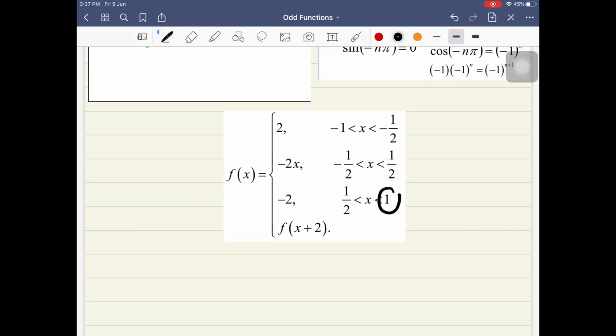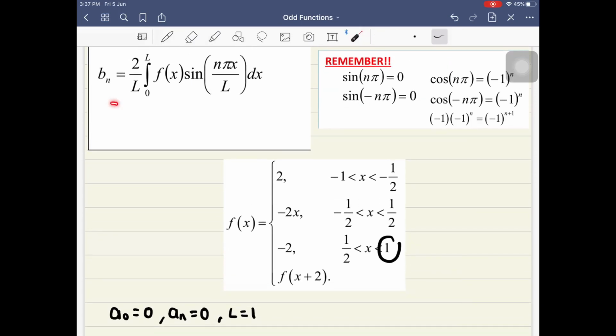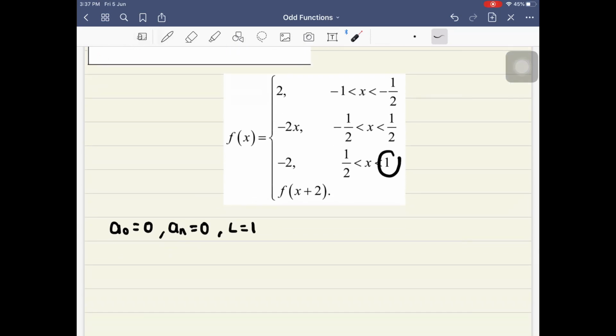So therefore, you will directly write A naught is equals to 0, An is equals to 0, and your L is equals to 1. So by using this formula here, we are going to find Bn.